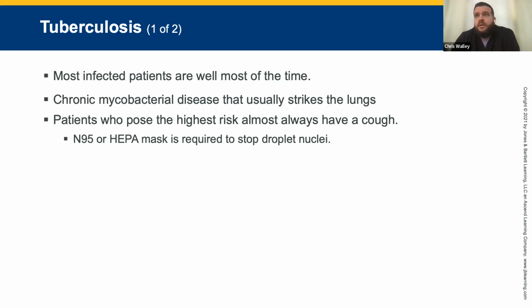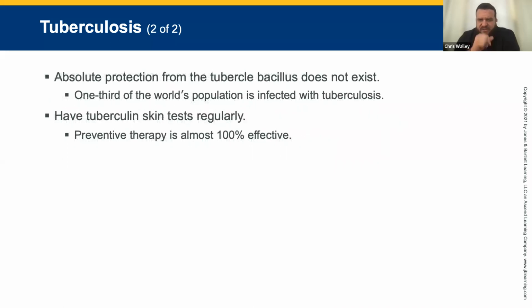Again, patients with coughs are going to be your most highly contagious ones. An N95 or a HEPA mask is the most ideal mask that we need to wear. Again, a surgical mask is not appropriate for this type of setting. Absolute protection from infection with TB does not exist.